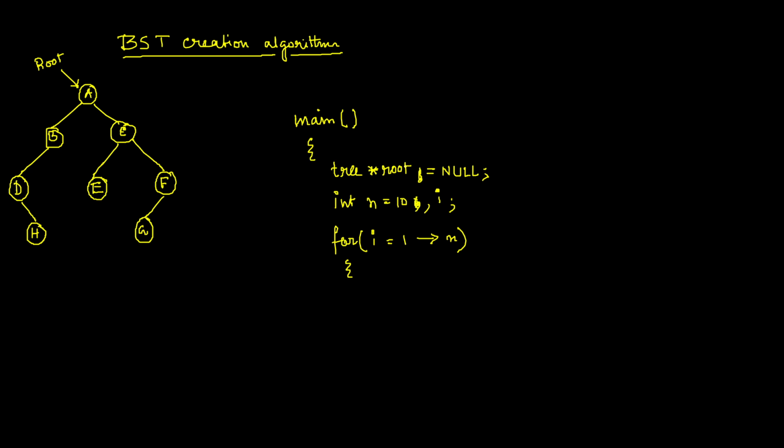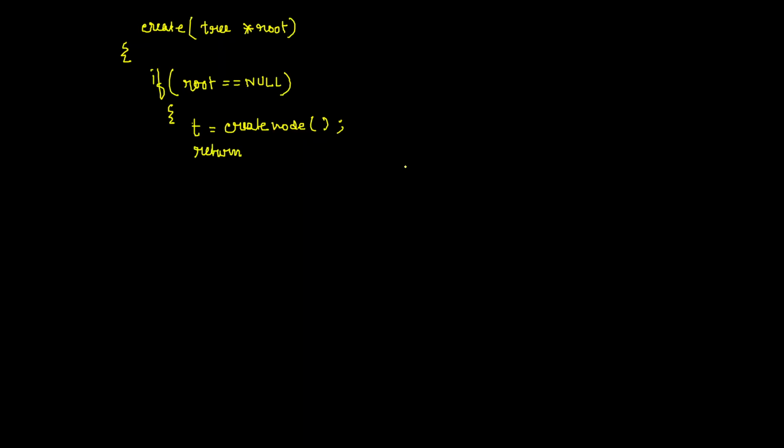I mean it will remain null. So if you don't update that, every time root equal to null will be true, and only one node will get created and nothing else, which I don't want. That means I should return not only the control but also this new pointer, that is t.